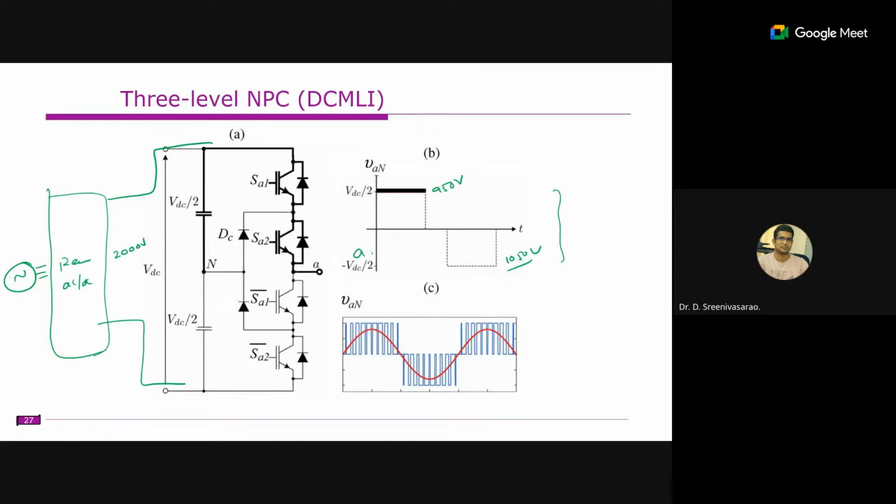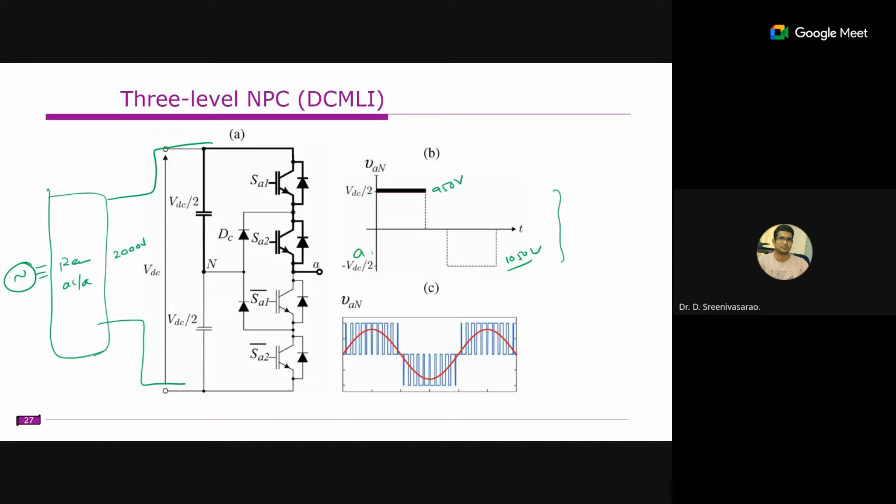So why all these things happen is that we don't have control over it, because depending on the current direction, this capacitor will be charged or discharged. This problem is known as capacitor unbalance or the neutral point voltage balance. There will be some deviation in the capacitor voltages because the charging and discharging times are not uniform.